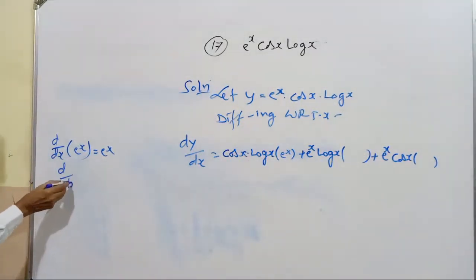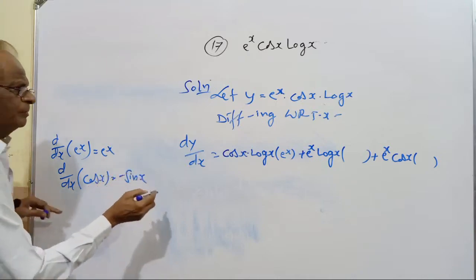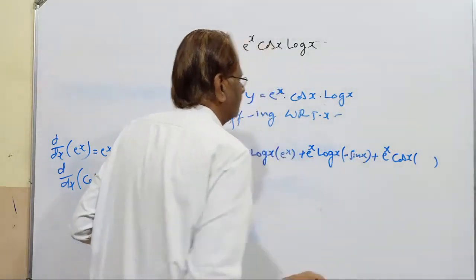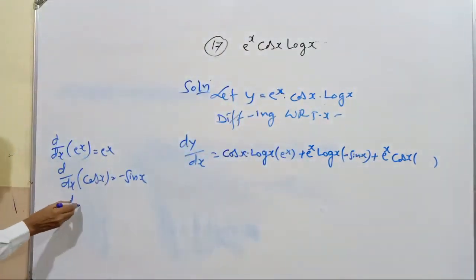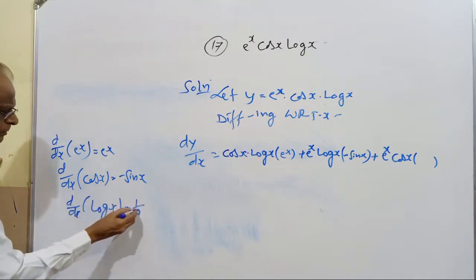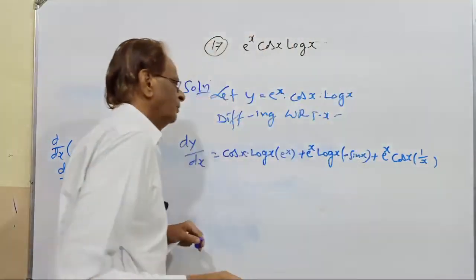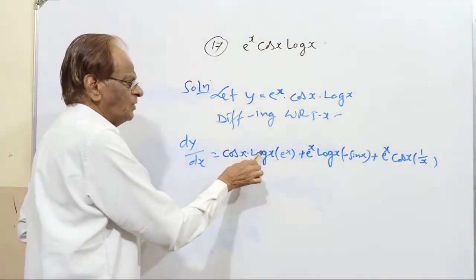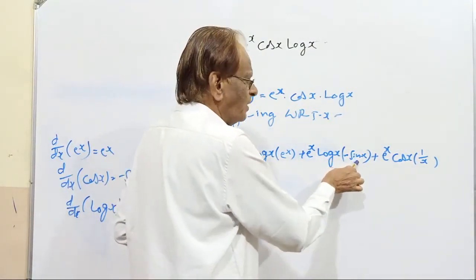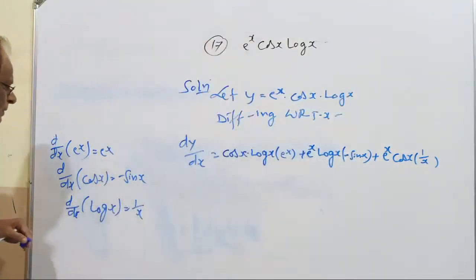Differentiation of second is minus sin x. Differentiation of third is 1 by x. This is second, third as it is, differentiate first; first, third as it is, differentiate second; first, second as it is, differentiate third. These are the functions.